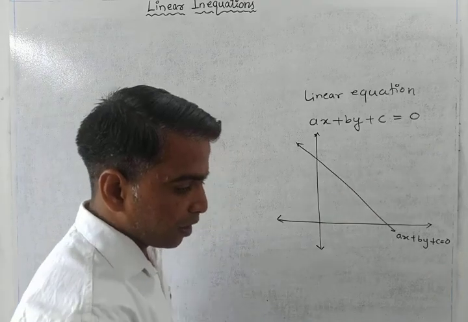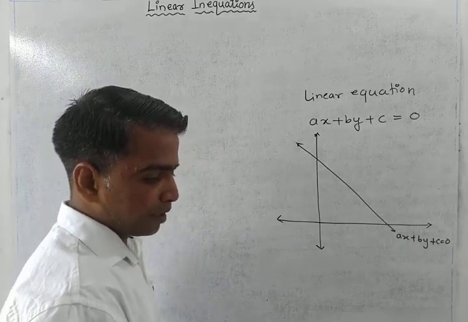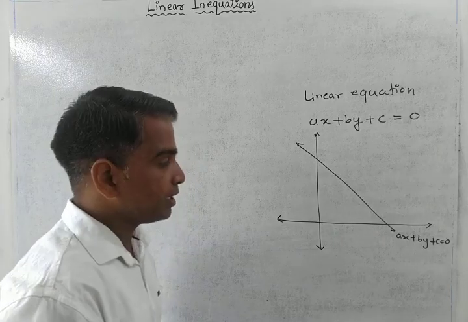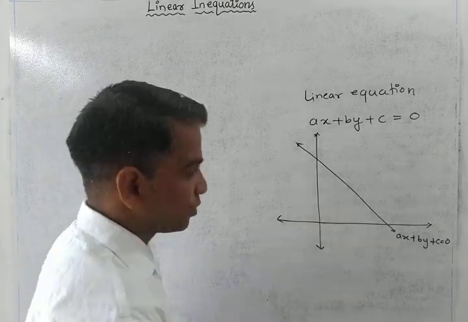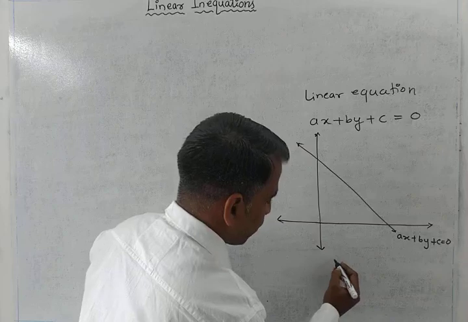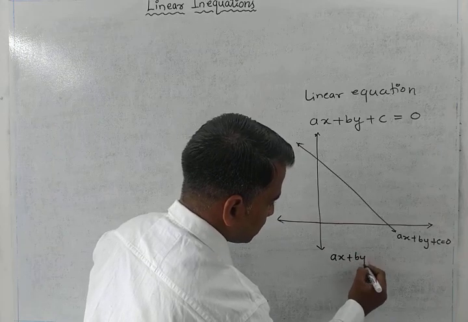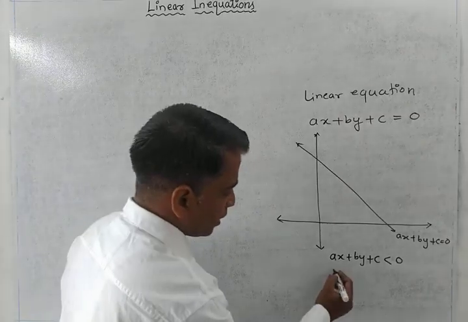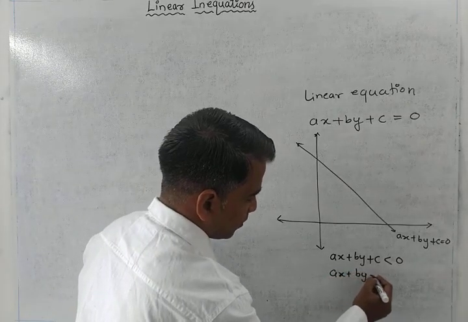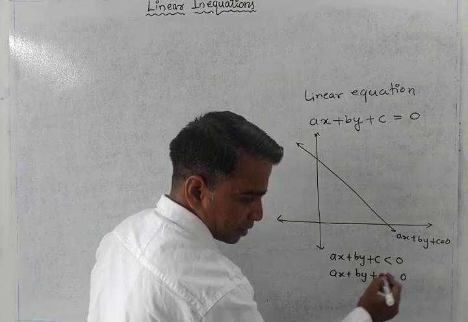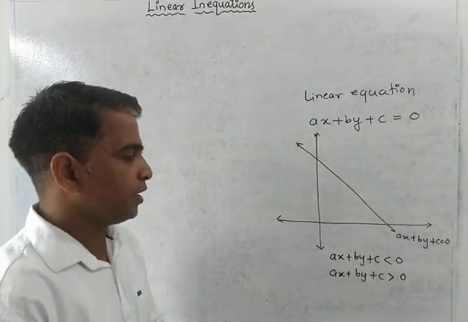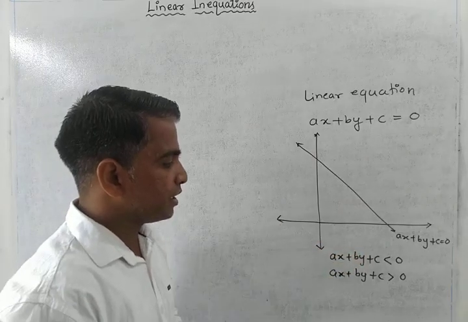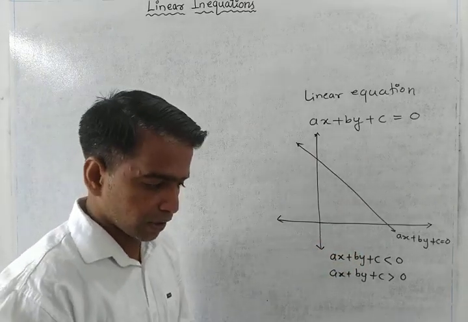The points in the plane lie on the straight line, having the two planes on either side. So the points will be either ax plus by plus c less than 0 or ax plus by plus c greater than 0. The points will be on either side of the line, less than 0 and greater than 0.